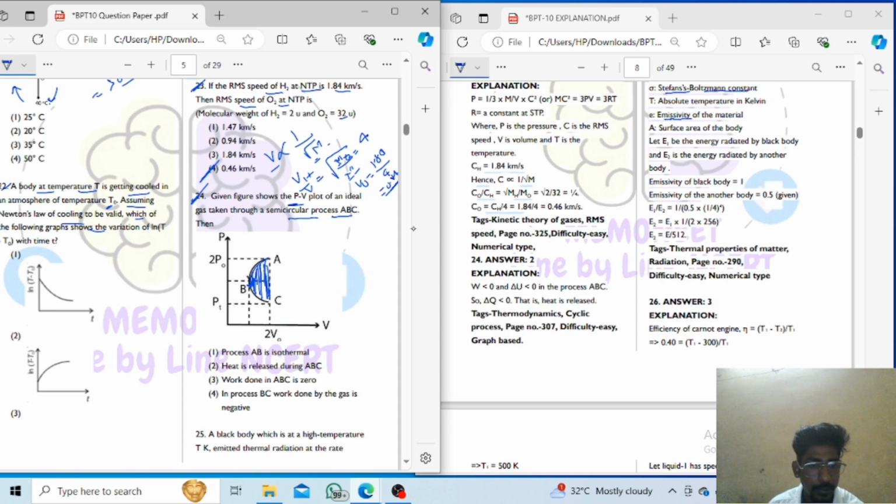So this is governed by Stefan's law. Stefan's law states that E equals e into sigma into A into T to the power 4, where e is the emissivity, sigma is the Stefan-Boltzmann constant, A is the surface area, and T is the temperature, and E is the emissive power, or you can say the radiation rate.